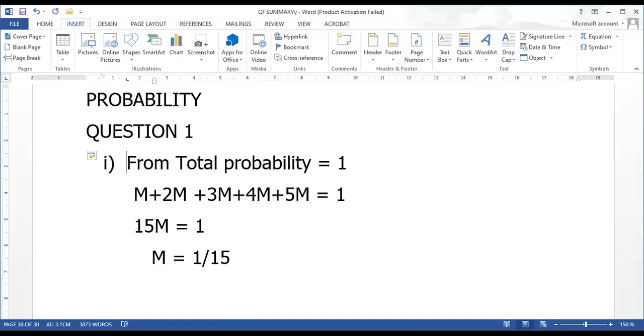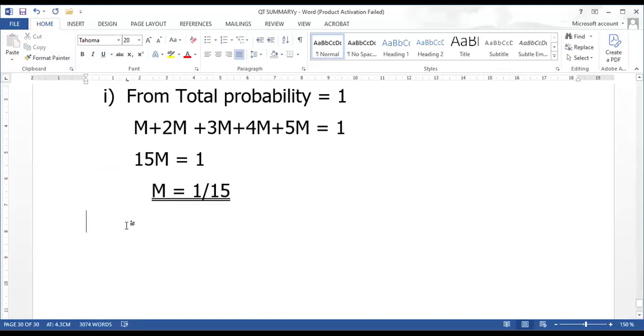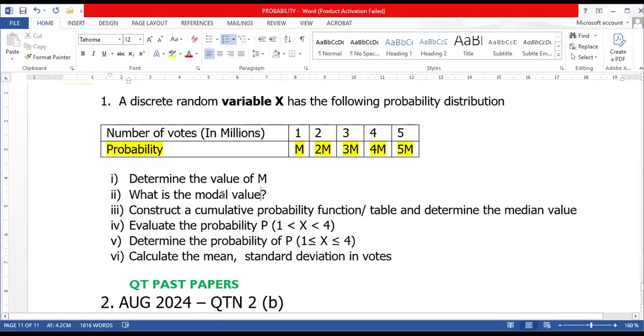So that is Roman 1. Any question on Roman 1? Then next, Roman 2. When you look at the question, we are told to look for the modal value.